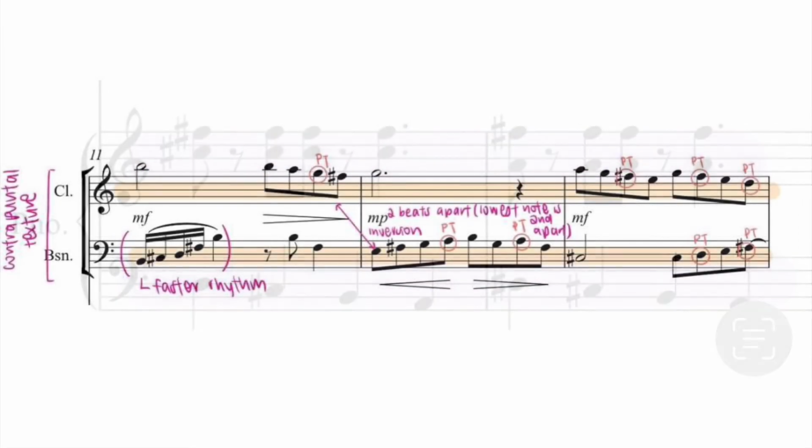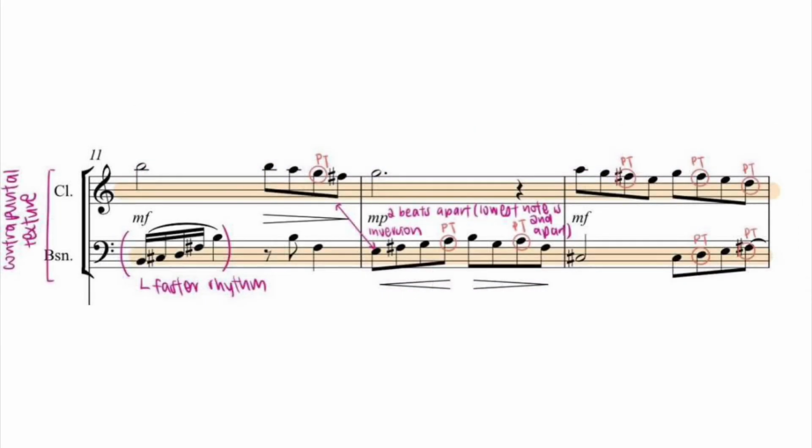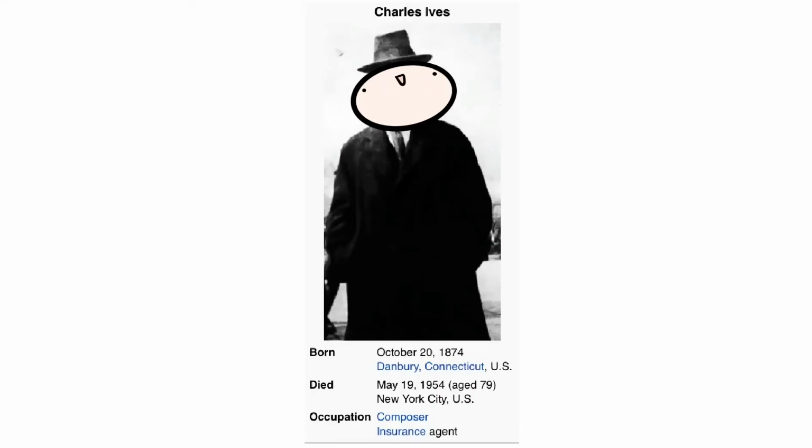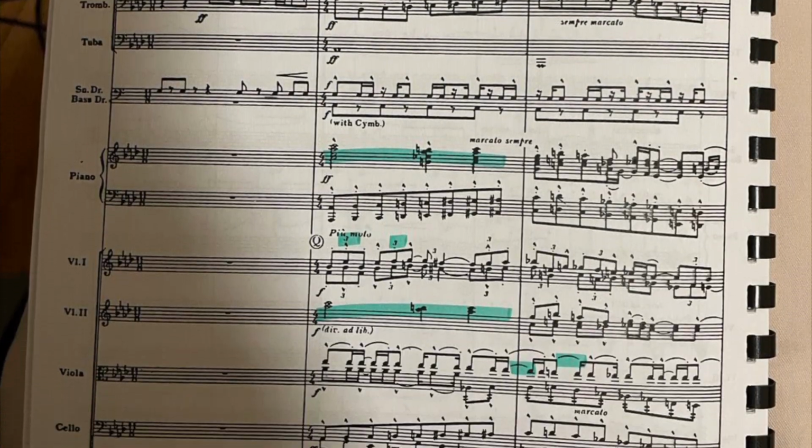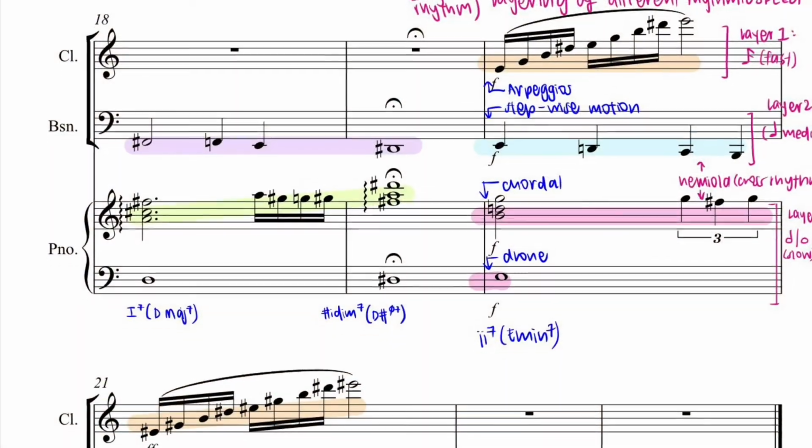The second layer is the contrapuntal layer, in which the bassoon and the clarinet are playing two different melodies simultaneously. Layering of textures, I believe, was also used by Charles Ives in his work Three Places in New England. So that is also where I got the idea of layering different textures together.